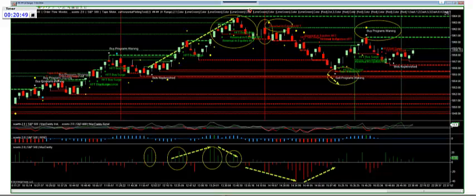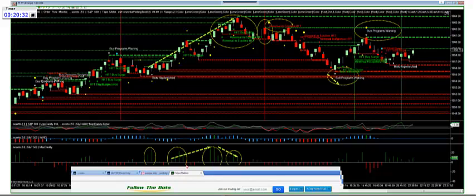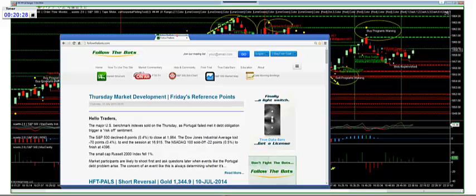So I see that some people are asking if we have algos for other markets. Yeah, we do have them for crude and for gold. We don't have one yet for NASDAQ, and we are going to work on it. If you do go to our website today, and I'll just bring that up here for a second, we do have some examples if anybody's interested in gold. Here's our HFT PAL short reversal for gold today.